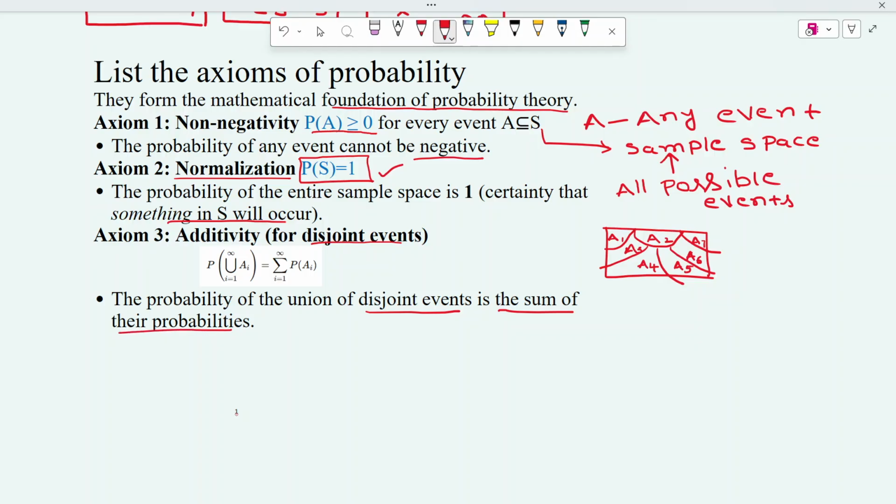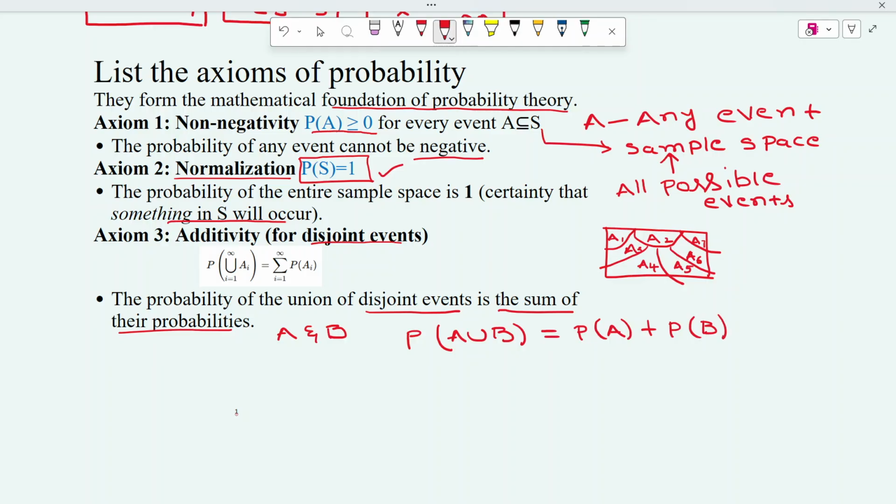For simplicity, if A and B are two disjoint events, you can simply write probability of A union B is equal to probability of A plus probability of B.